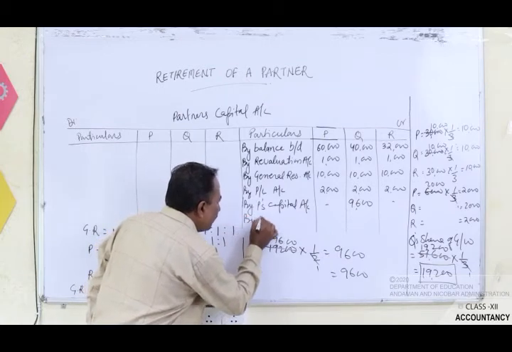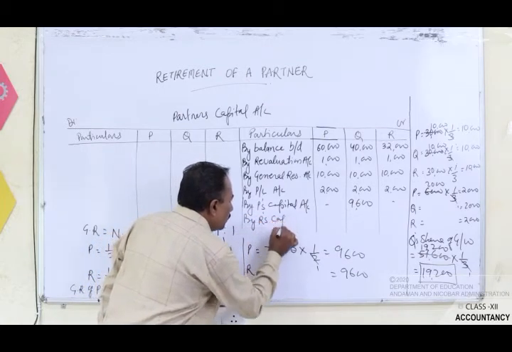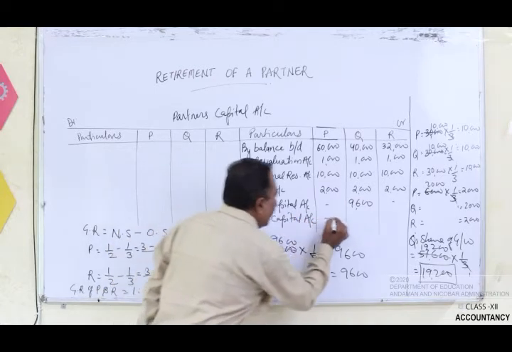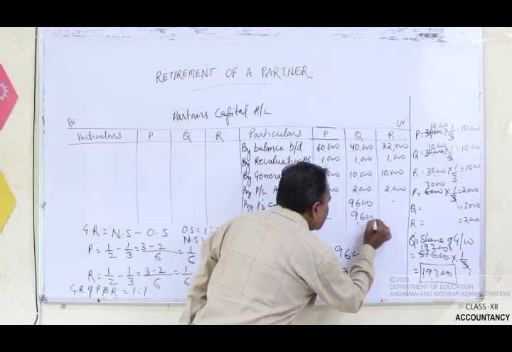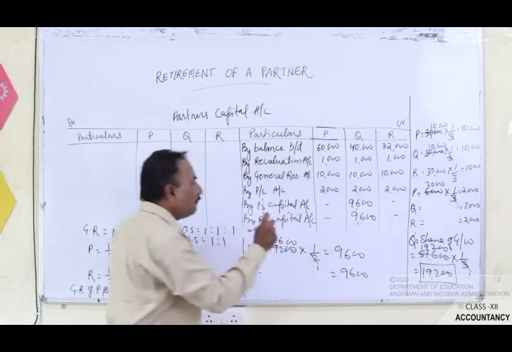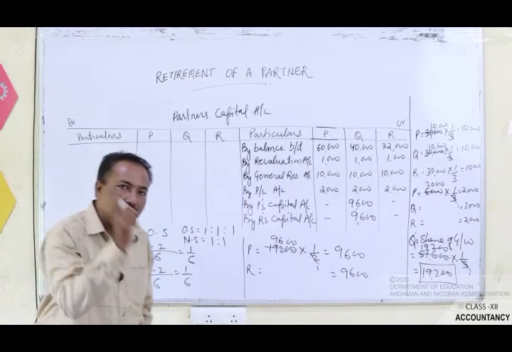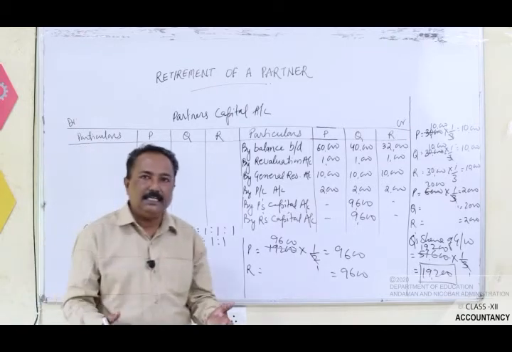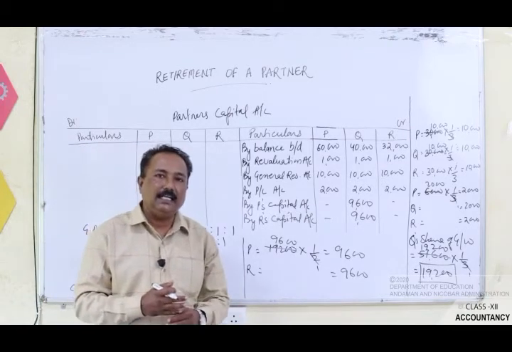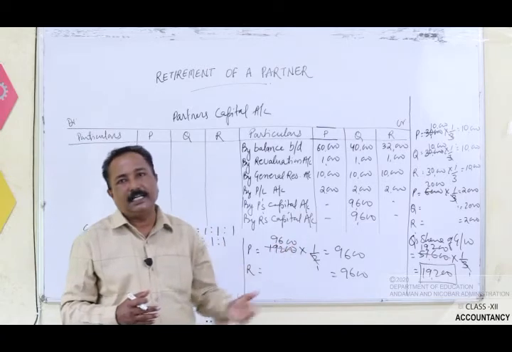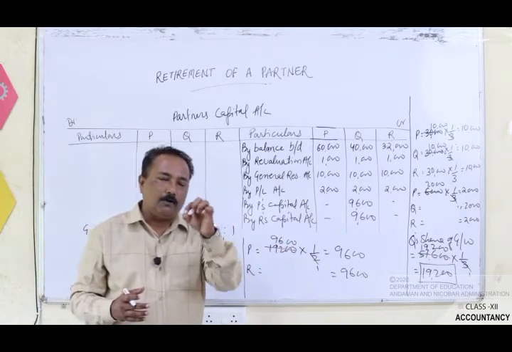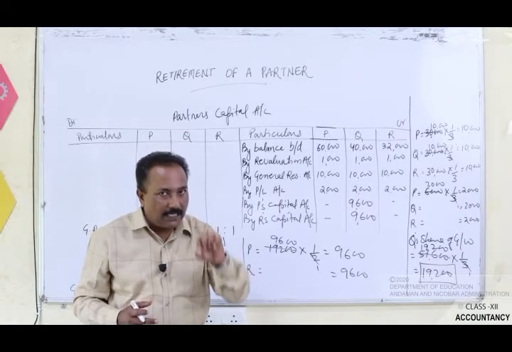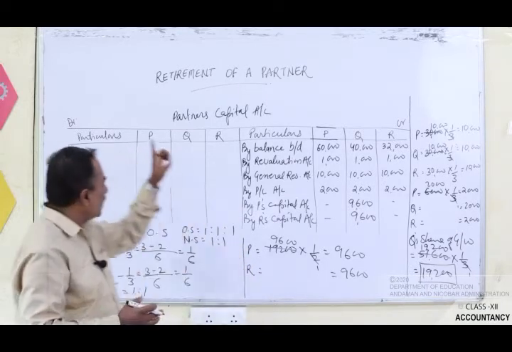Similarly, R's capital account will also be debited, and rupees 9,600 will be taken from R's capital account and transferred to Q's capital account. Now, let us see the other side of the general entry. P's capital account was debited and R's capital account was debited. For that we will have to record on the debit side.